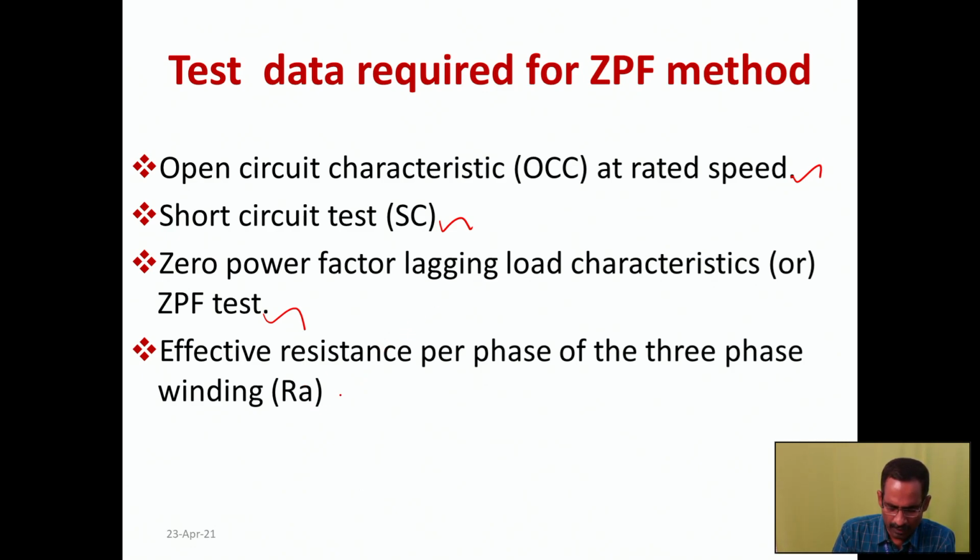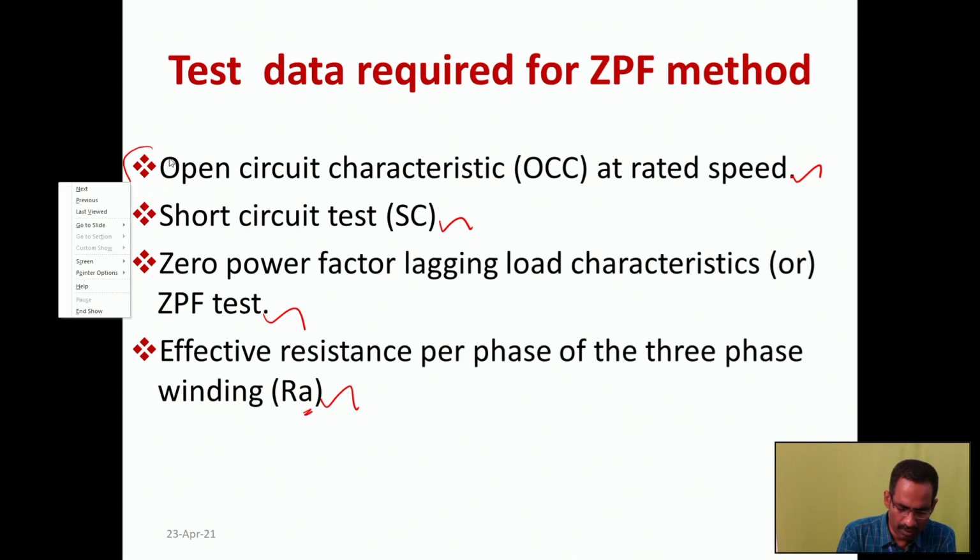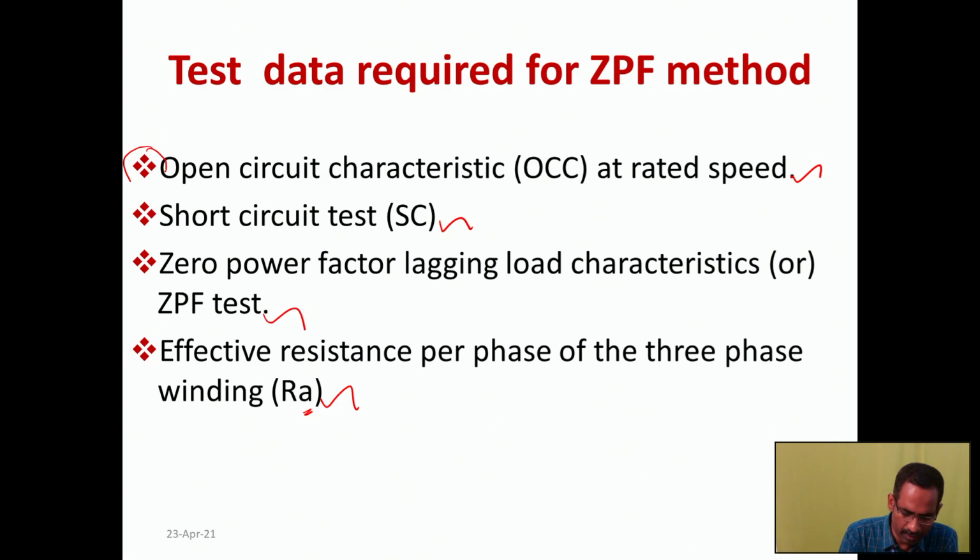Then the effective resistance per phase of the armature winding, Ra, we have already calculated for both the EMF and the MMF method.